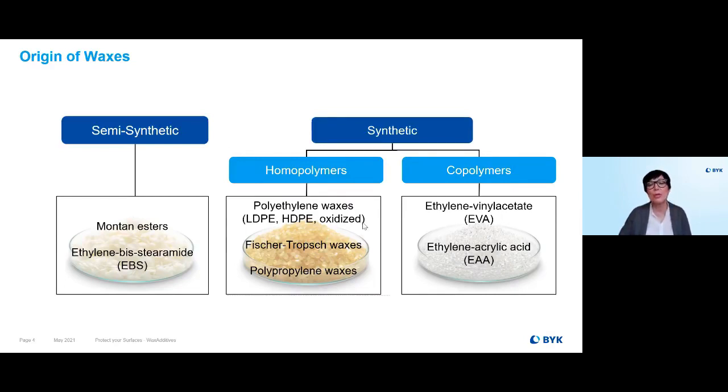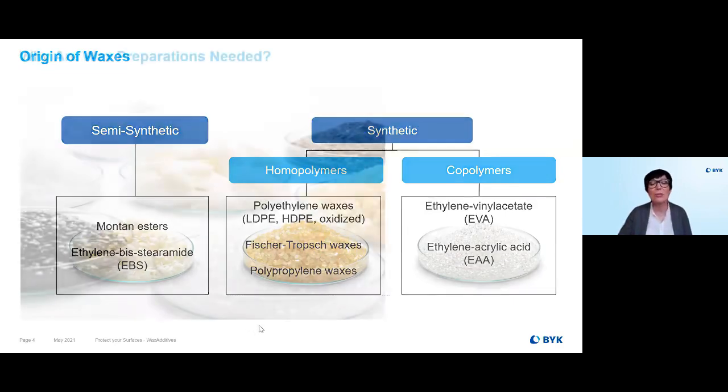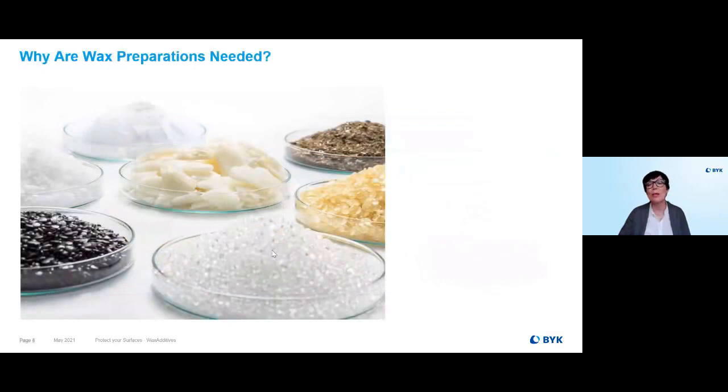So these are the raw materials. BYK is not producing any raw wax. We just make the additives out of it. And the reason for it is, and you may know it as well if you have used the raw wax yourself to make your own products in your production, you will get this raw material as flake, granules, plates or powder, and it looks like this.